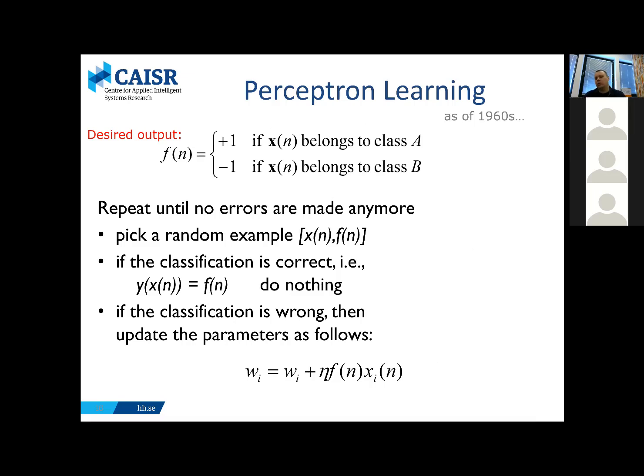And here again, we are back to more approximation. So basically, the idea behind perceptron learning is that this is a heuristic which is guaranteed to eventually converge to a solution which will never make any mistakes.